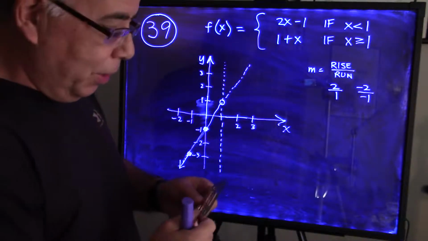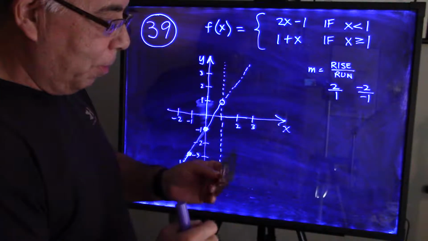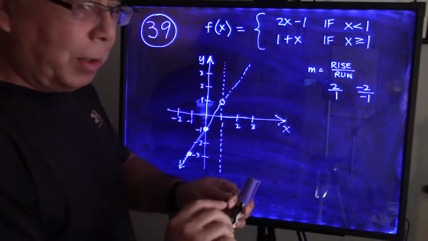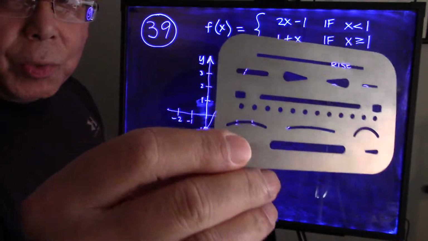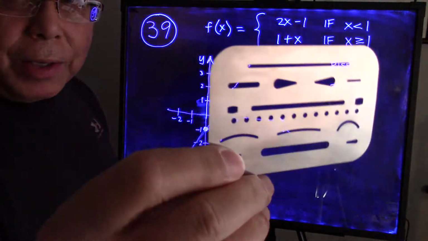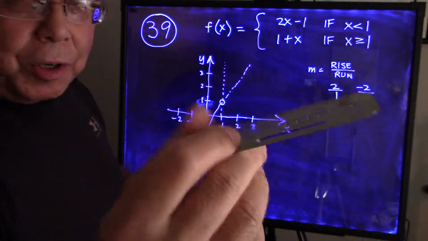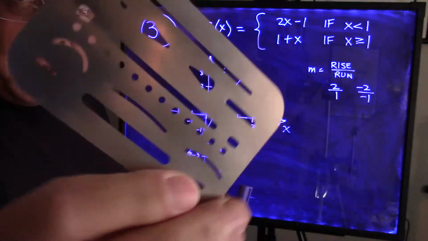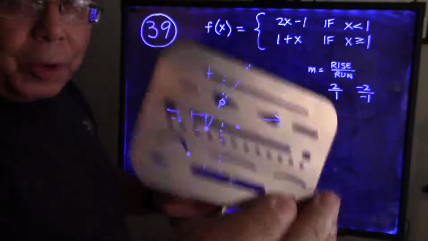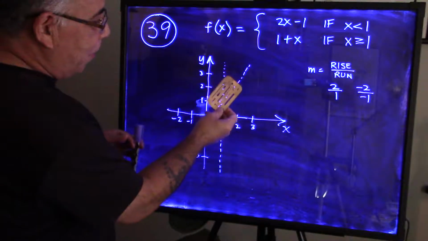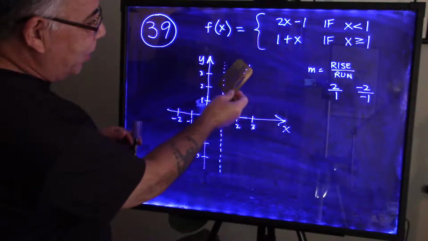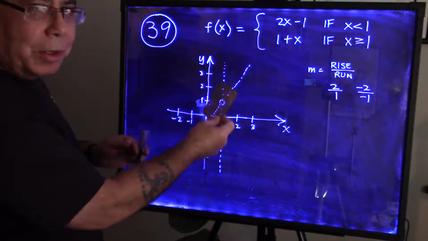Now, I've mentioned this before, you can get what are called eraser shields. Here's one I used when I was in high school drafting. It's made of aluminum, lasts forever. And you can notice it's got various holes in it. You can cover parts of your paper and just erase the parts that you want to erase without touching the other parts.